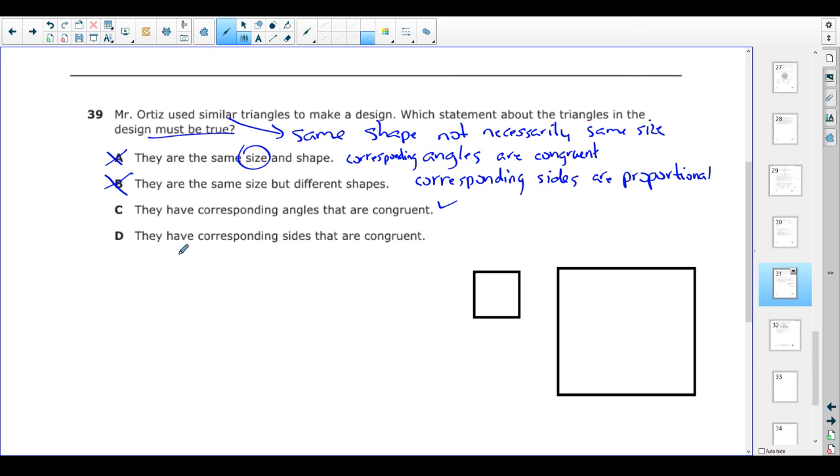No, corresponding sides are proportional. Okay. So you should remember, if nothing else, if they're similar, corresponding angles are congruent. And congruent just means, that's a bad arrow. Congruent means the same.